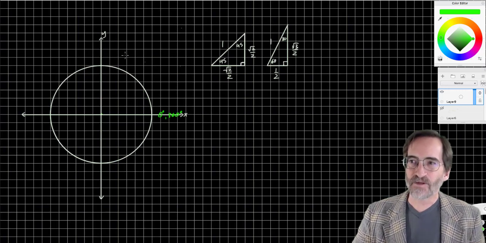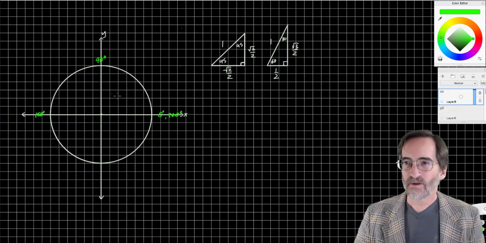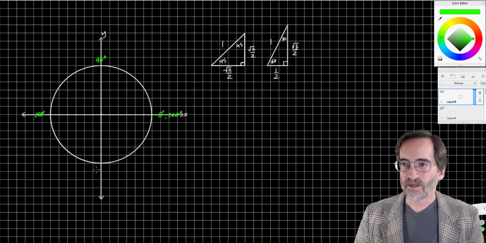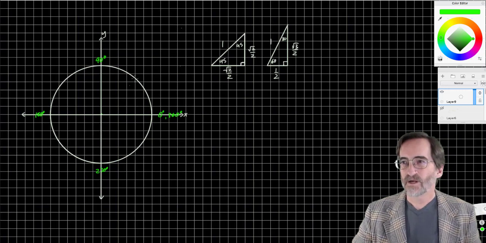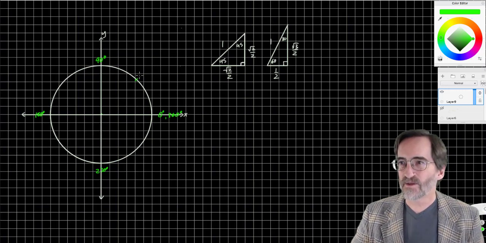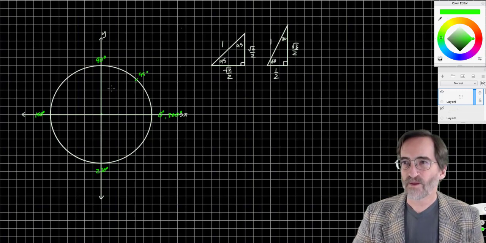Half of 360, if we go halfway around the circle, is 180. Half of 180 is 90. 180 and 90 again is 270. So those are some of the common angles here. If we go half of 90, that's 45. If we go 90 and 45, that's 135.